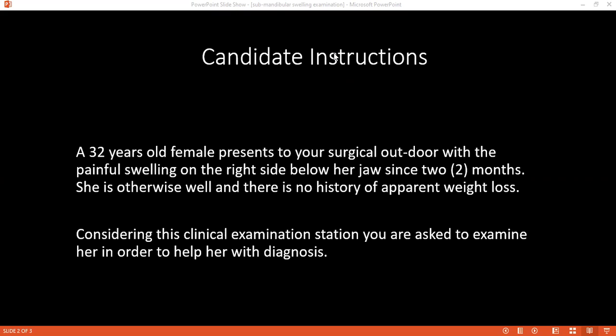Okay, good. Can you summarize your examination now, please? Okay, I have examined a 32 years old female who presents with swelling in the submandibular gland region. It's about 4 by 3 centimeters and oval in shape. There are no surgical scars, no dilated veins, and the other side looks normal.